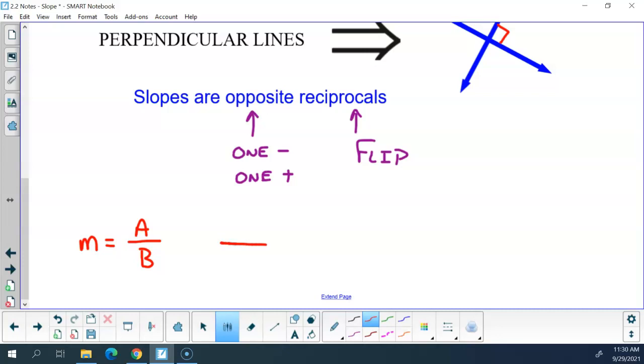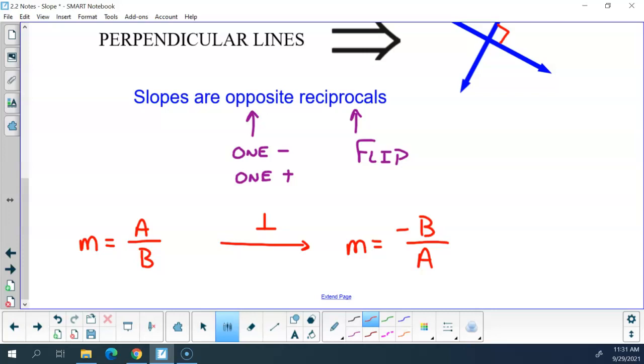The perpendicular slope, remember that the symbol for perpendicular is an upside down capital T. So if they're perpendicular, what's the new perpendicular slope? Negative B over A. Gotta be both. Can't just be one.